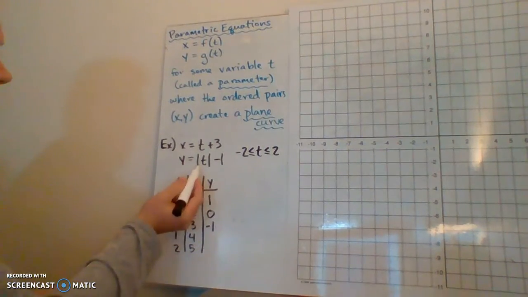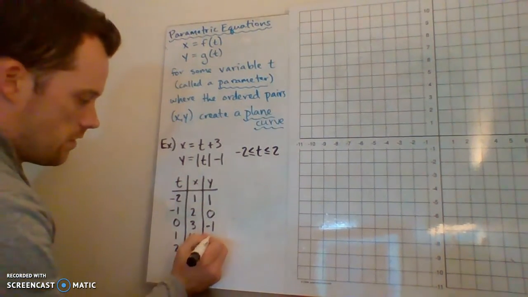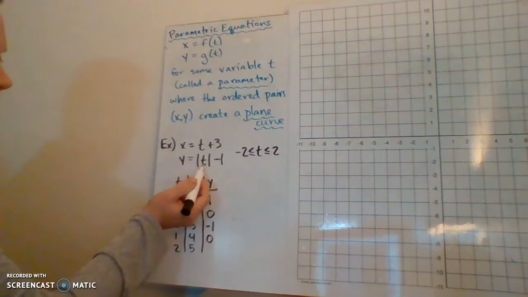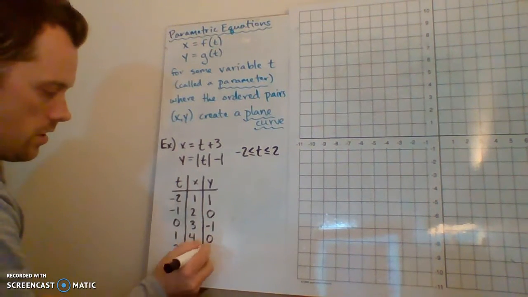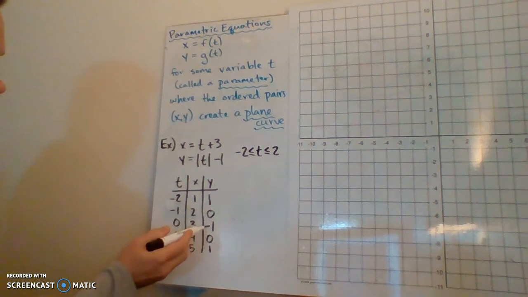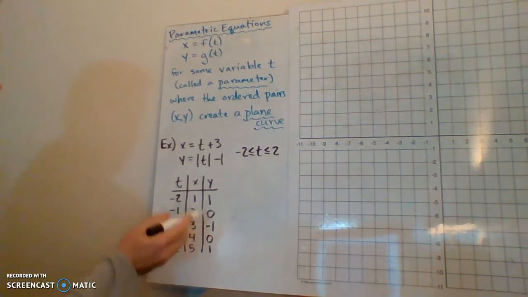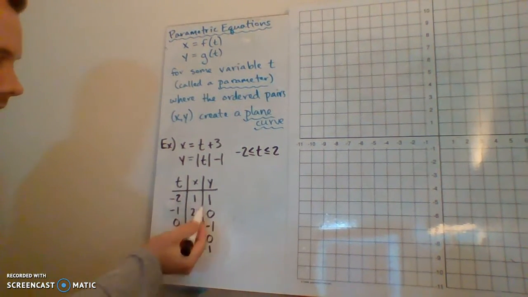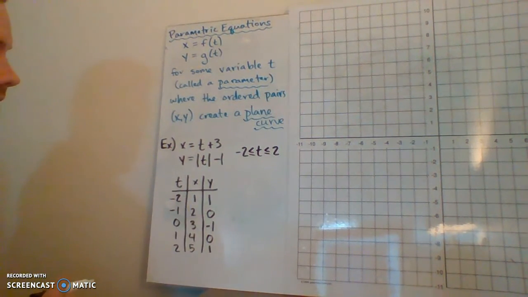Absolute value of 1 is 1, -1 gets us another 0. And absolute value of 2 is 2, -1 is 1. And so, not surprising, I've got some symmetric points there with my y values because we were dealing with an absolute value function for y. So now I've got my 5 ordered pairs, and so I can go ahead and graph those ordered pairs.